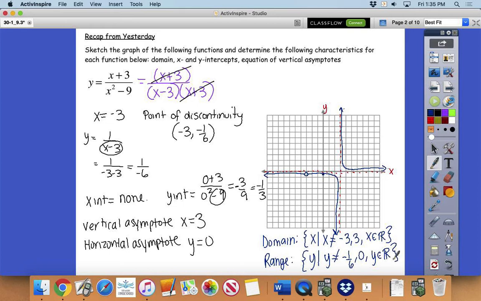So the -1/6 came from the y-coordinate of the point of discontinuity, and the 0 came from the horizontal asymptote. Make sure you label your numbers. There you go.